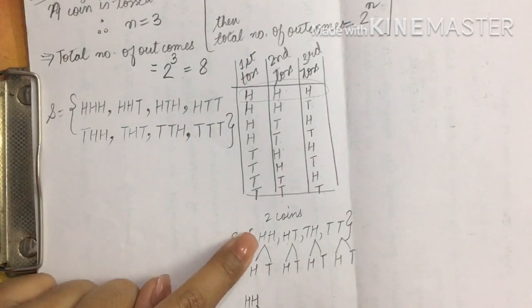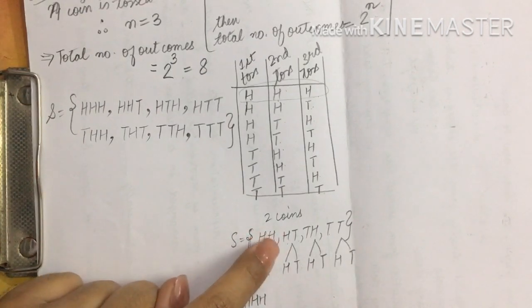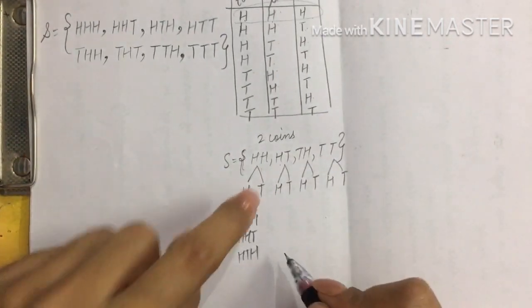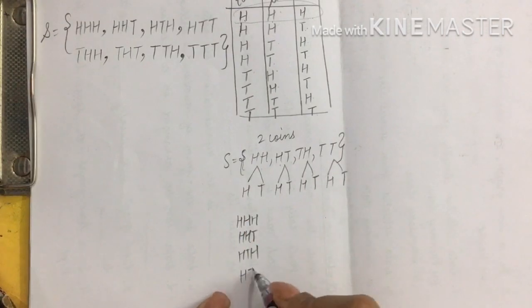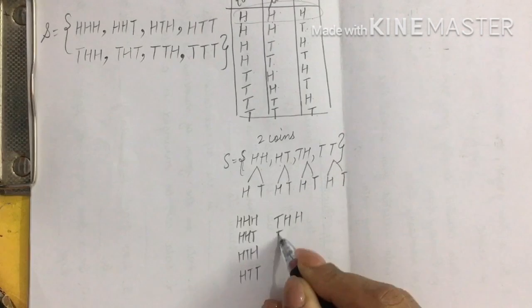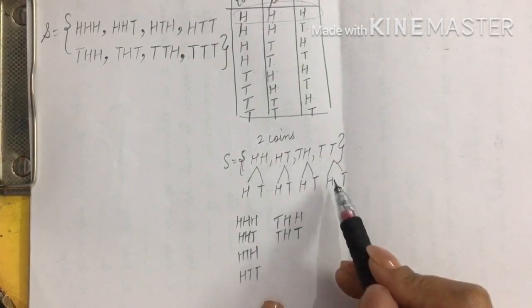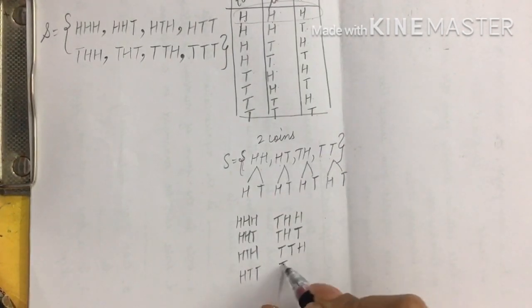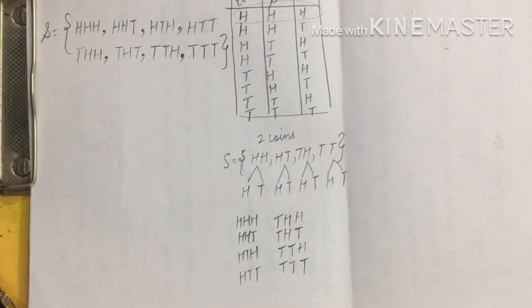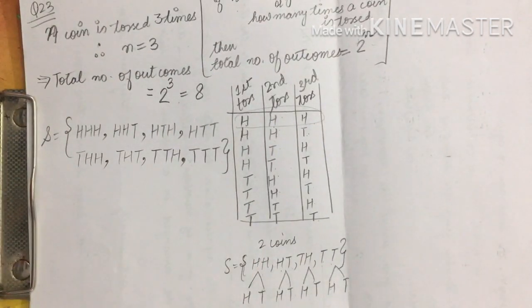So you get HHH, HHT, then HTH, HTT, then THH, THT, then TTH, TTT. So this is a shortcut that you could use. I would suggest that you work with this one because this helps in any case if you are given the number of coins tossed.